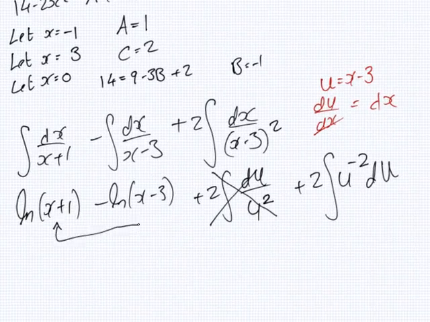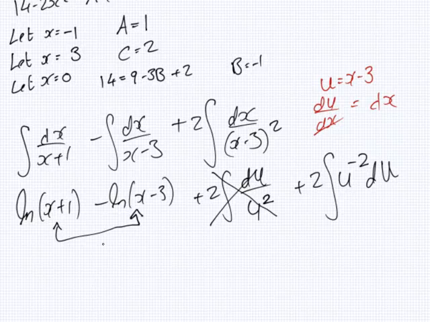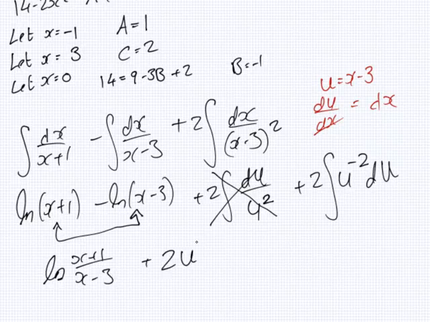And we can use our rules of logs to put these together. So when you have log a minus log b, what do you get? Log a over b. Yeah, x plus 1 over x minus 3. And what do we get here when we integrate? Minus 2u to the power minus 1 over minus 1. Increase the power, divide by the new power.